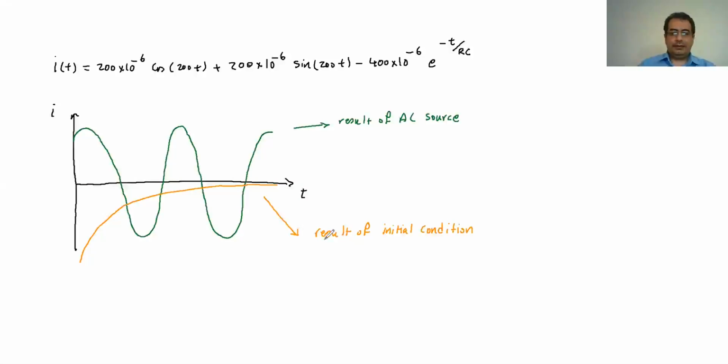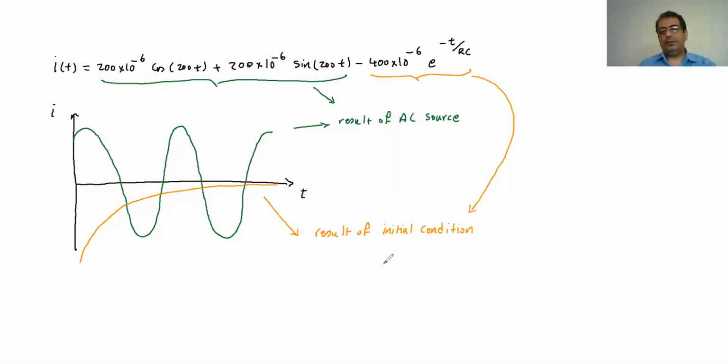And that part is the result of the initial condition. So this part is the green part that we have here, and this other part is the one that is going to fade away very quickly.